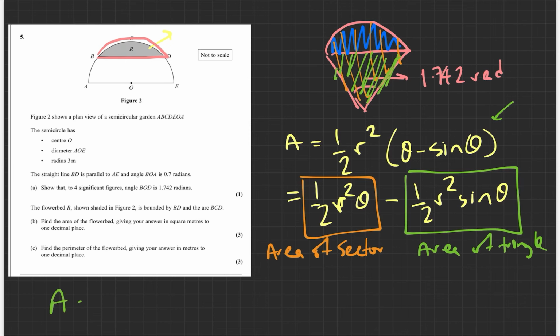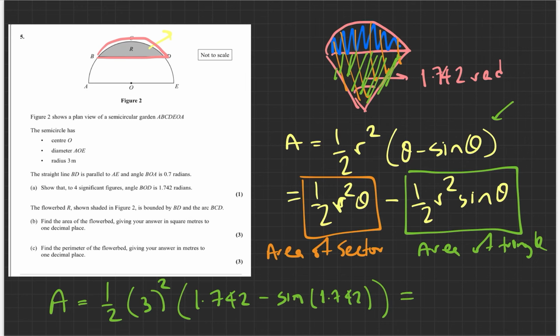So A is going to be equal to half r squared. We know that our r is 3, squared. Our theta is 1.742, minus sine 1.742 as well. Theta is the same theta. But remember, don't forget to change your calculator to radians, because sine of 1.742 in degrees is very different to that in radians.